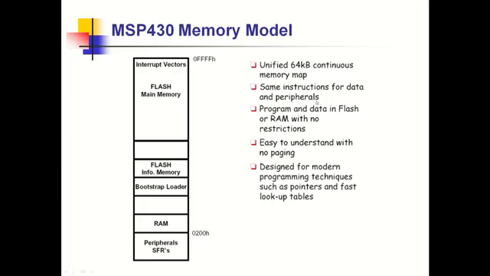For programming the flash or RAM, there are no restrictions, as you can see from the memory map. Starting from 0000 to 1FFF is for the peripheral SFRs, then the RAM follows. The bootstrap loader is the program meant for loading application programs from the outside world, like personal computers, into the flash memory of the controller.